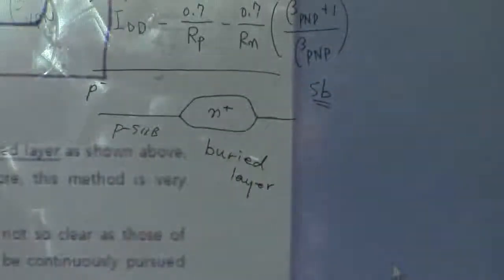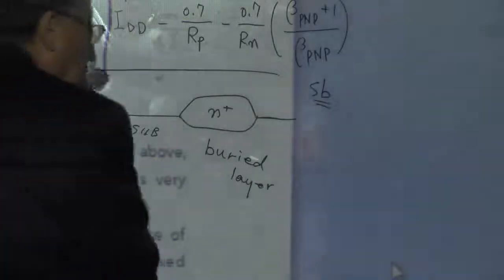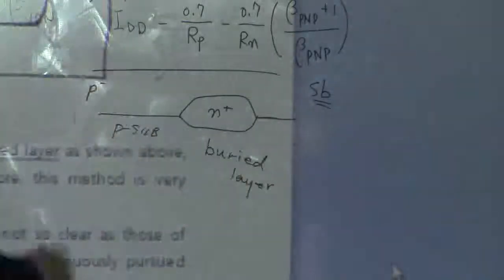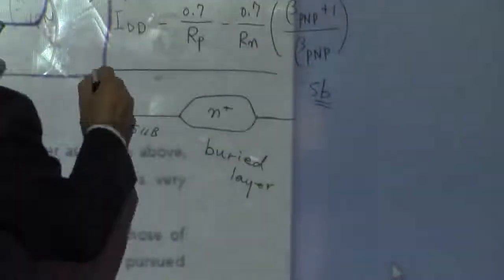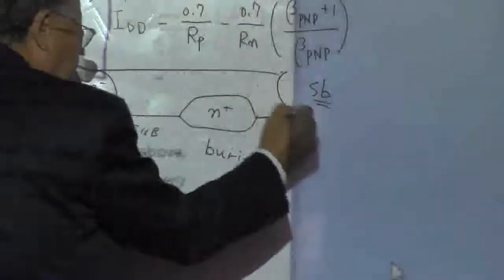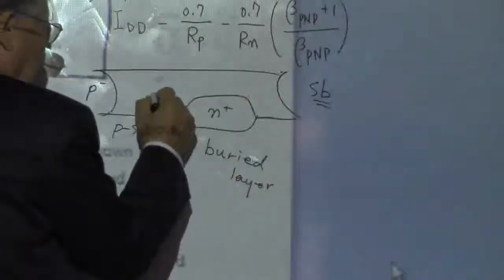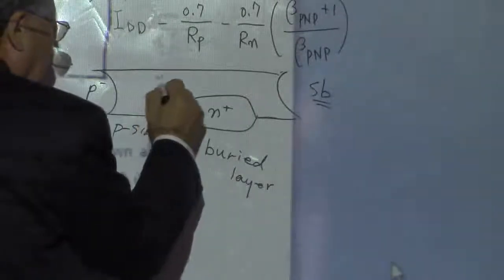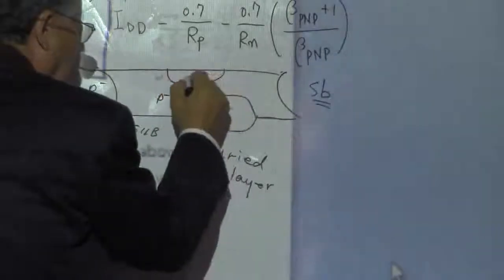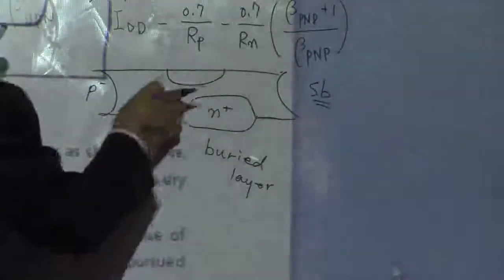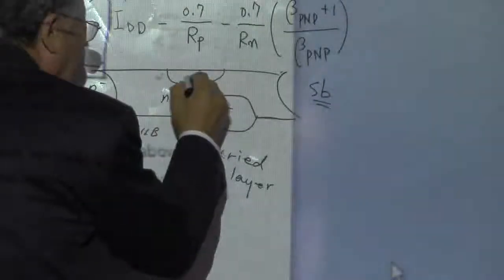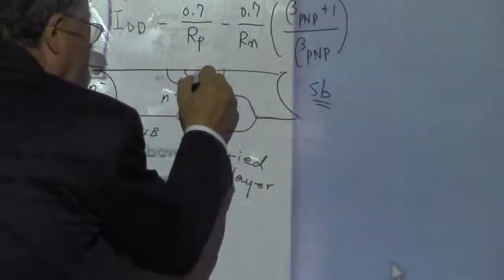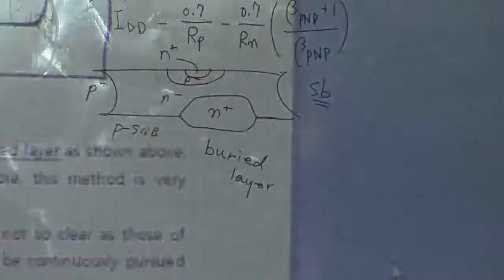Okay? And then you build the transistors on top of this, like you have ion implantation isolation, and then you have a P minus and N minus, sorry, this is going to be N minus and P minus, and then you have N plus emitters, like this.